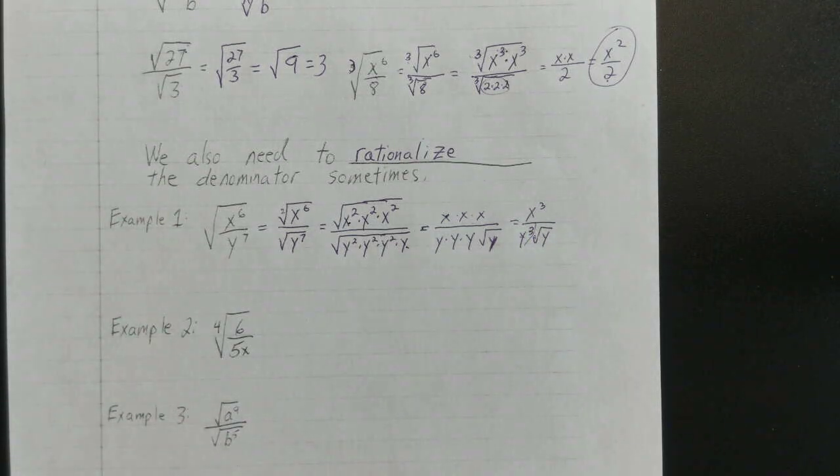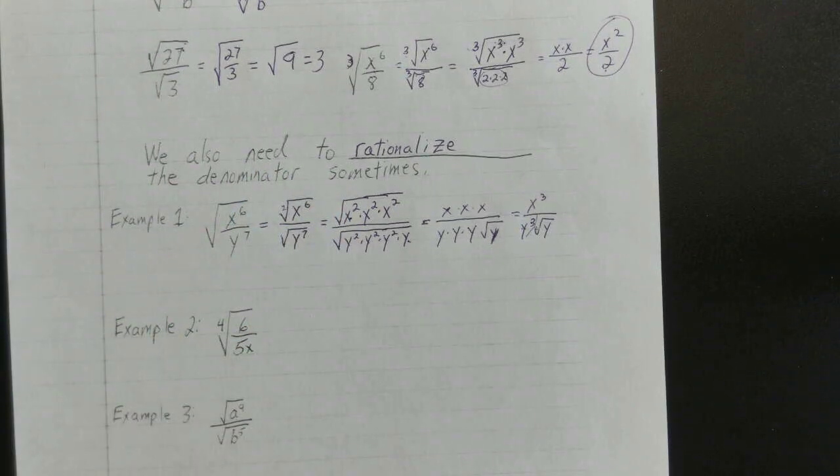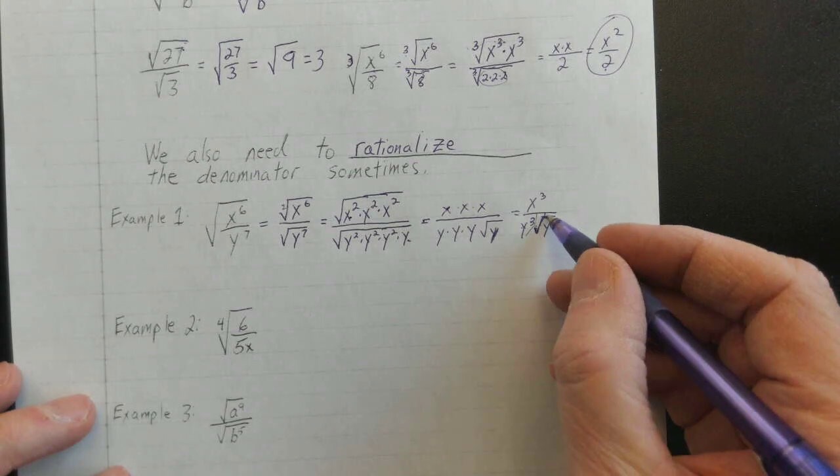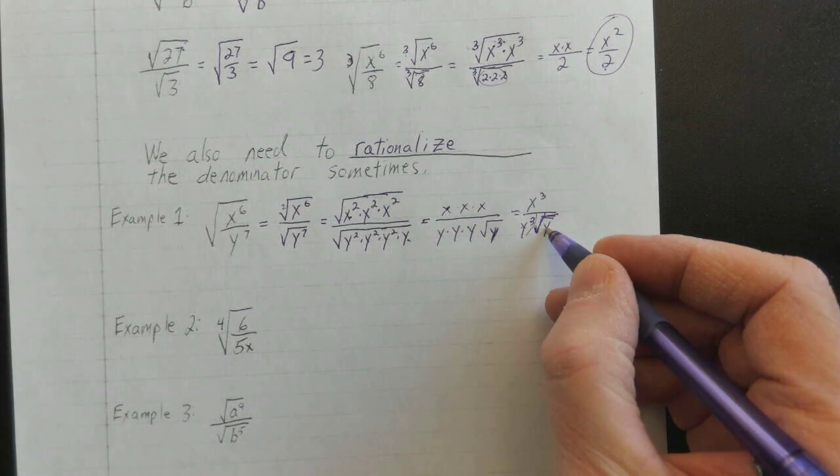All right. Now, this is where we need to rationalize the denominator. Okay. How many y factors do I need in order to get rid of the square root? This is a square root, though, this time. I need 2. So I've got 1. I need another one, right?